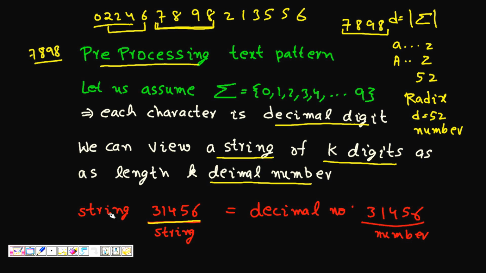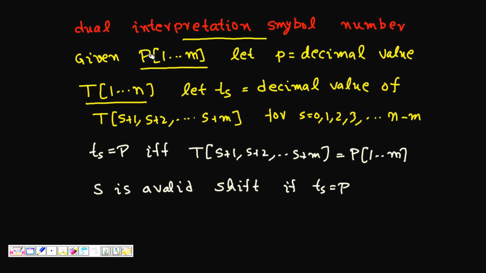But we need to make our algorithm efficient. So we have to calculate the decimal value of the m-digit pattern P[1..m], and then we have a text of n characters.